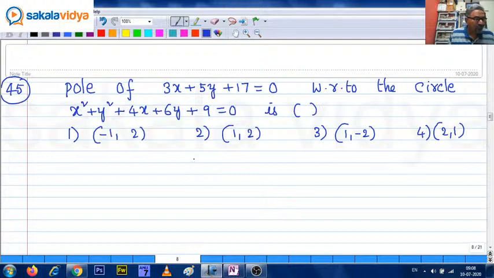Right now, so now write down the formula.